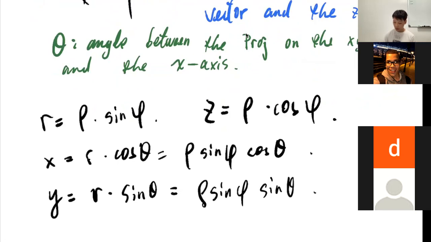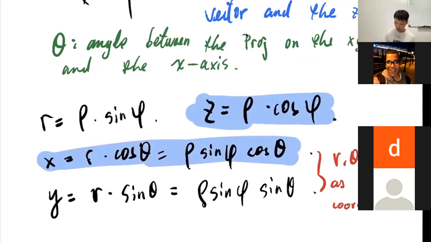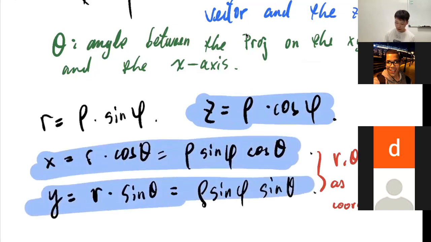Okay. So the idea is that r and theta is the same as the polar coordinates. So now we have a formula converting between x, y, z and rho, phi, and theta.